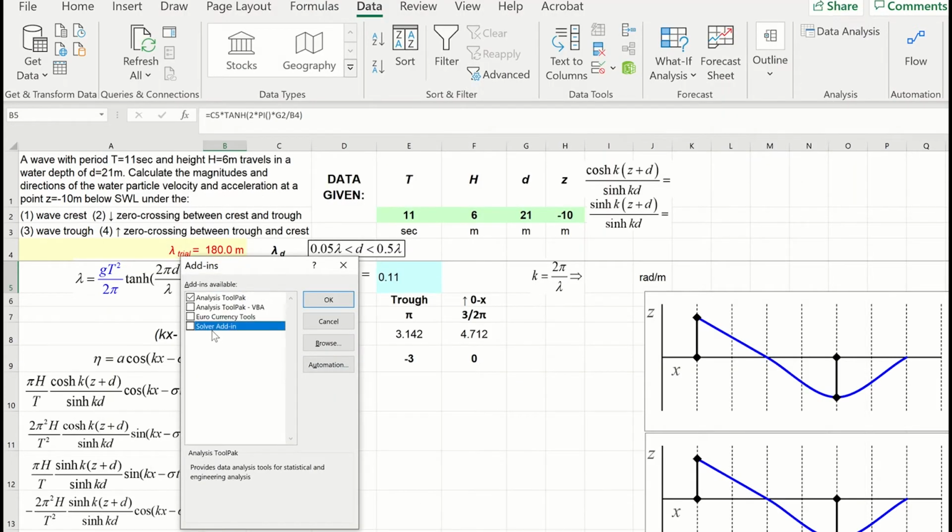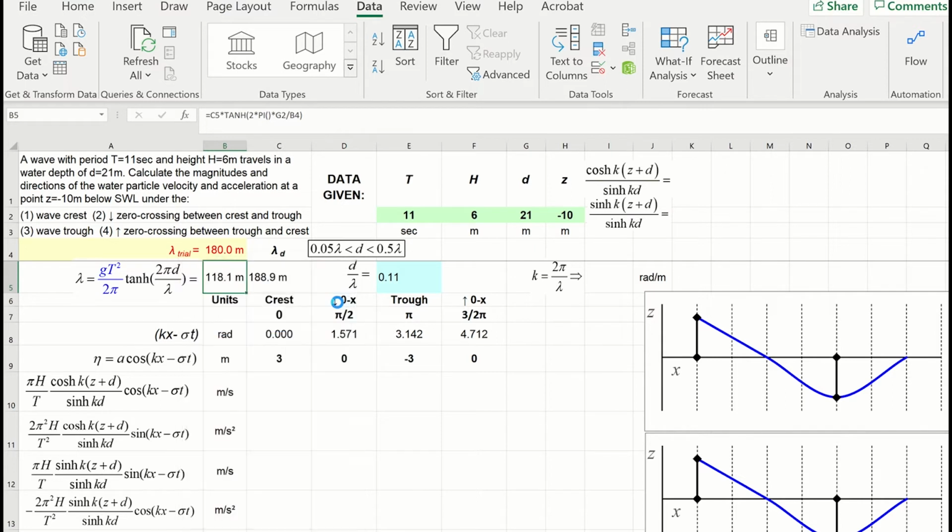Click go and we check the solver and click OK. And now solver should be shown on the data tab. It takes a little bit of time. And now we have the solver.